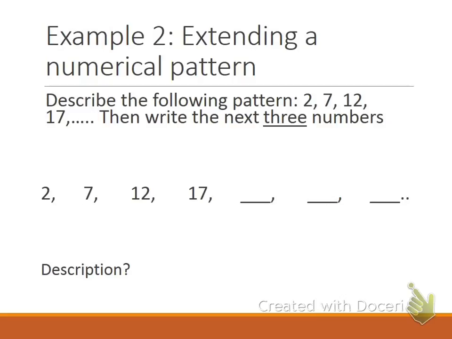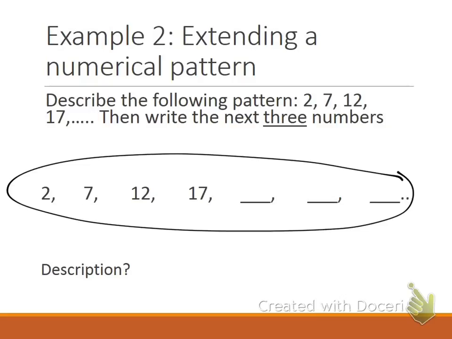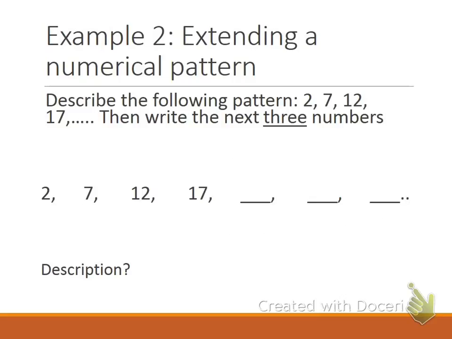So your pattern under example 2, so everybody in your notes, example 2, you're going to write the first 4 numbers in the set. You're going to copy this part down in your notes. Okay? Then underneath, you're going to write pattern or description, and you're going to write add by 5.